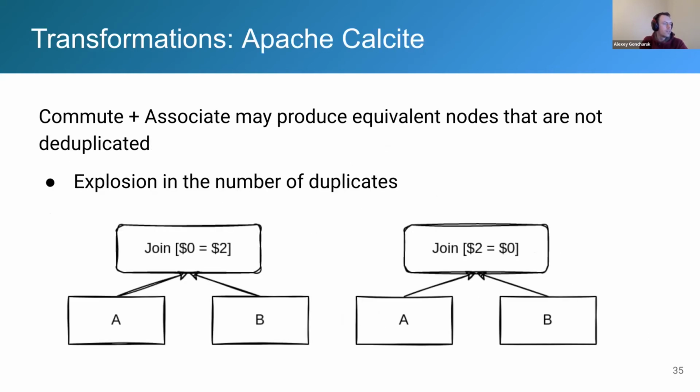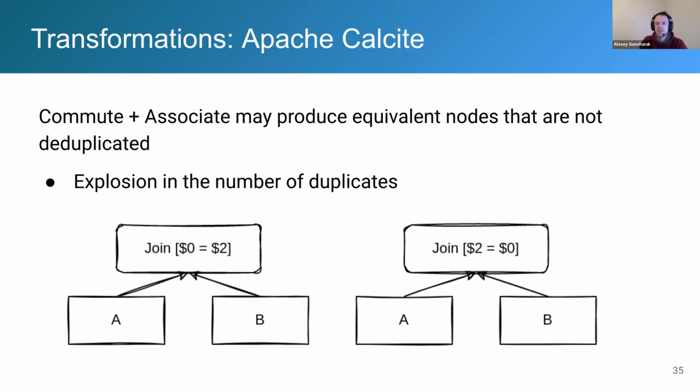But another thing that actually makes things worse is the fact that Apache Calcite uses addressing relative to the input rows. Let's say we have a complex join graph and we apply these transformation rules multiple times. We may end up in a situation where the same join, like here in the picture with A on the left side and B on the right side, can be produced with a formally different join condition.